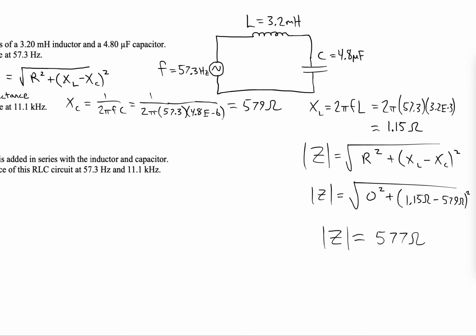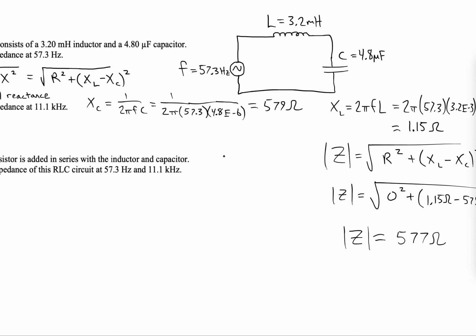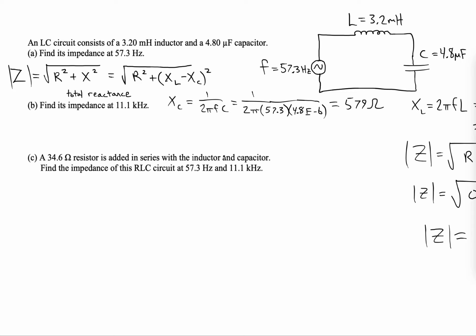Alright, so now we want to vary the frequency and see how the frequency could really have an effect on the amount of current flow. So now let's let F equal 11,100 hertz. Alright, so our new XC will become this.